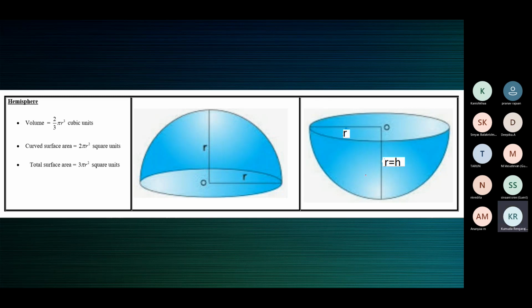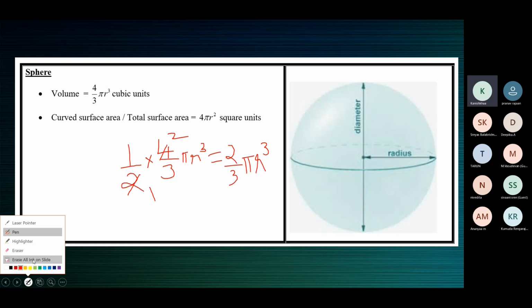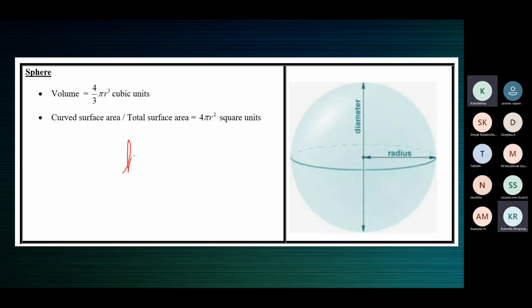And one very important thing is, what is the height of a hemisphere equal to? What's the height of a sphere? Diameter. Yes, h is equal to 2r in the case of a sphere.